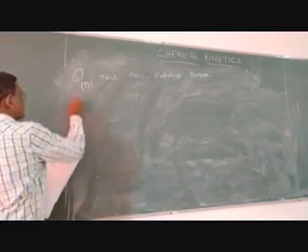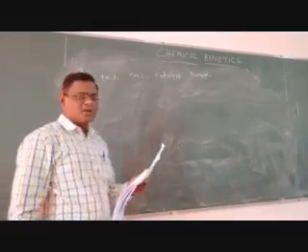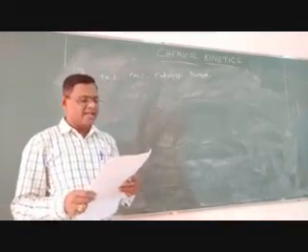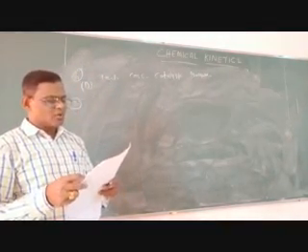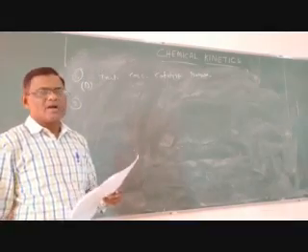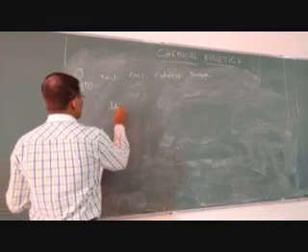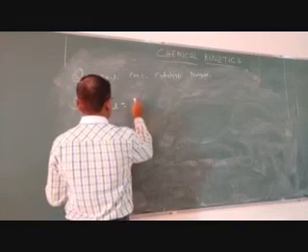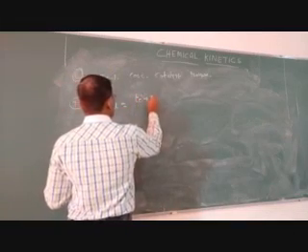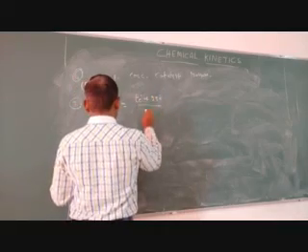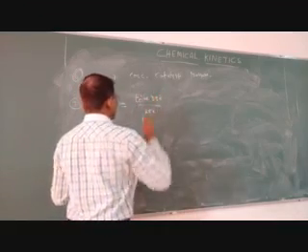Next, question number 7. The temperature coefficient of the reaction is. What is the temperature coefficient? The temperature coefficient of the reaction, mu, is equal to the rate at 35 degrees centigrade divided by the rate at 25 degrees centigrade.